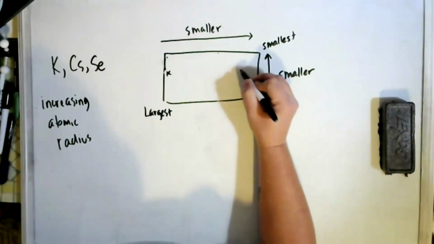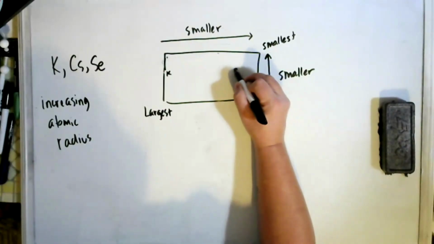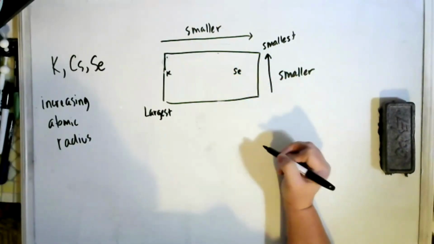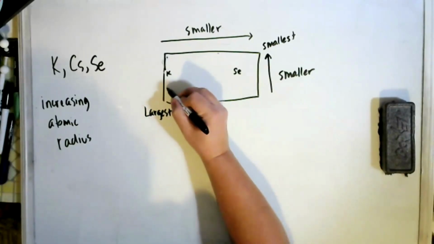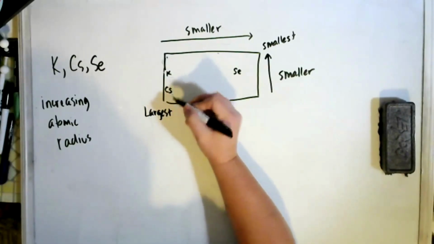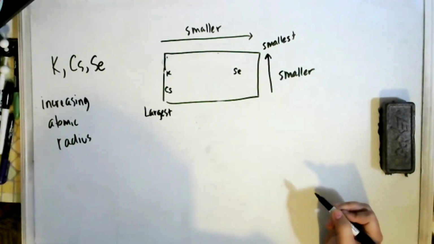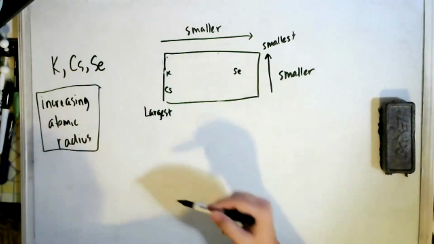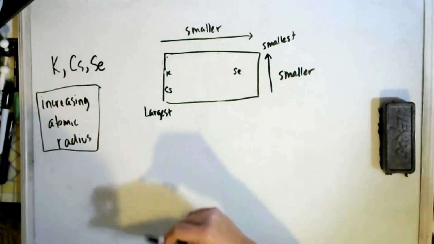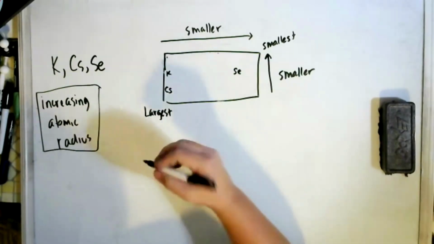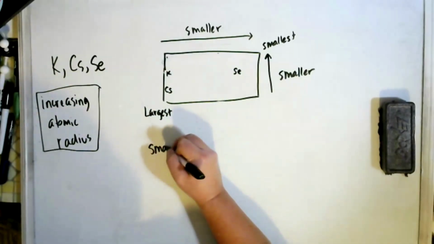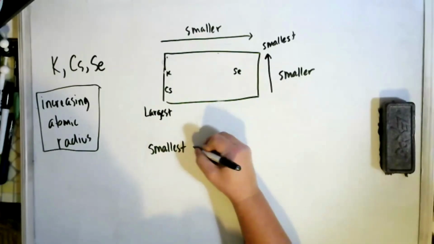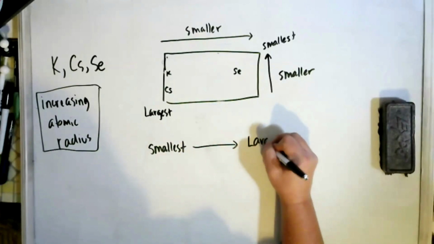Selenium is in the same row as potassium, but closer to the right side. And cesium is in the same column as potassium, but lower. If they want me to list this in increasing order of radius, that means they want me to start with the smallest and end with the largest.